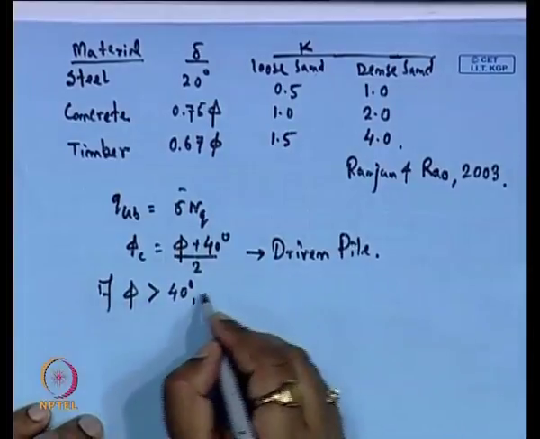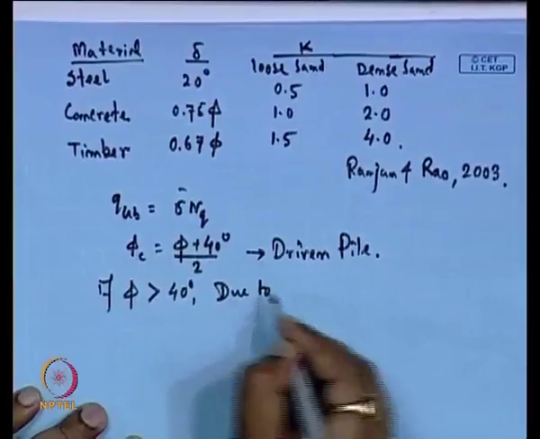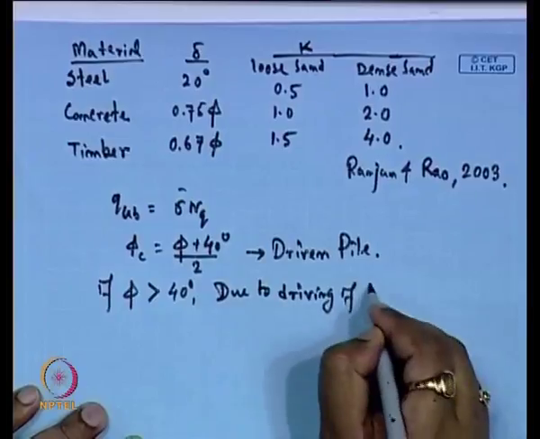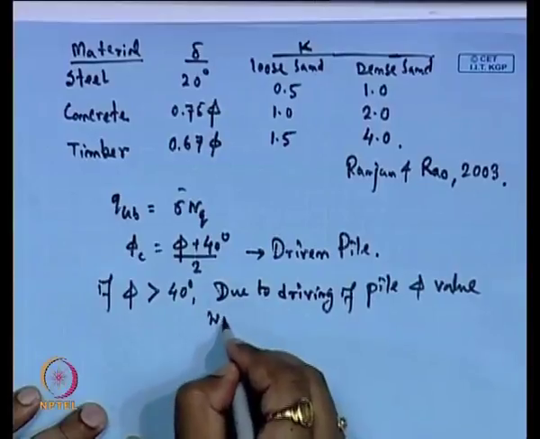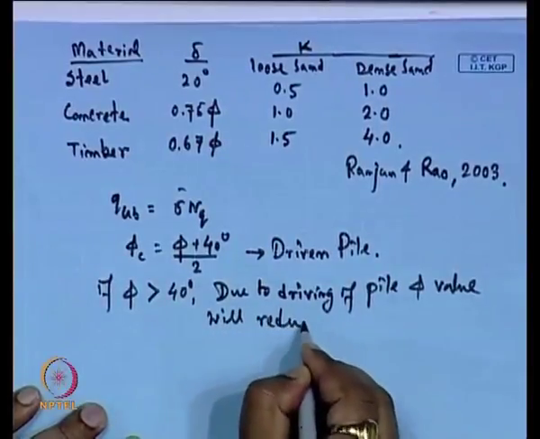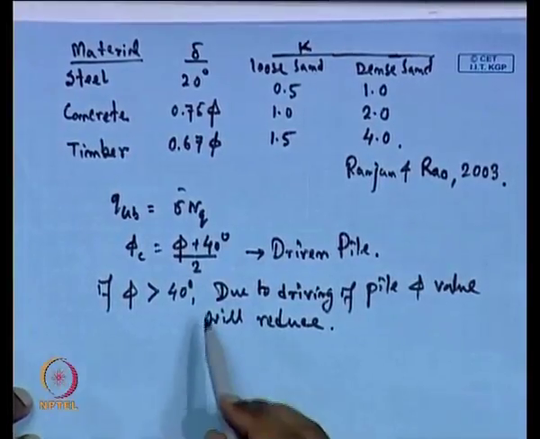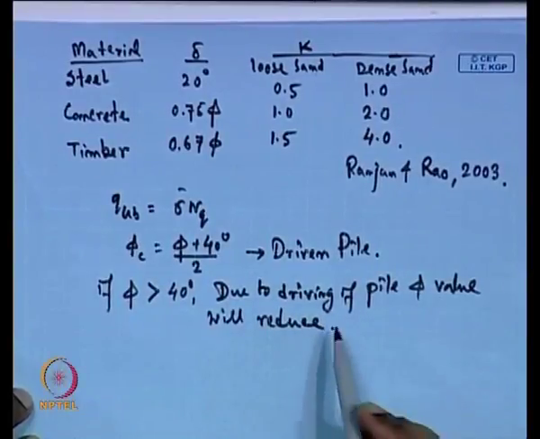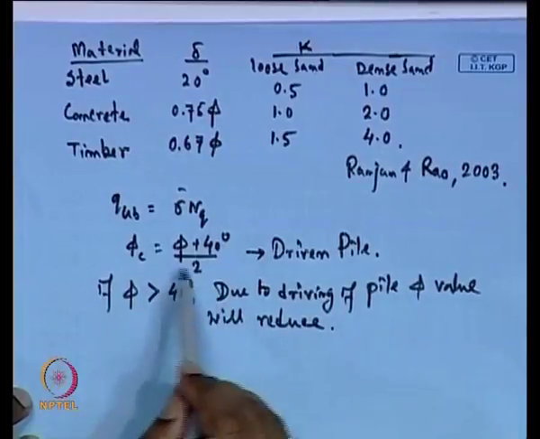If the phi value is greater than 40 degree, then due to driving of a pile the phi value will reduce because of the dilatancy effect, because if phi is 40 degree, then it has become a very dense type of soil. Now, if driving of the pile is applied, then the phi value reduces due to the dilatancy effect.